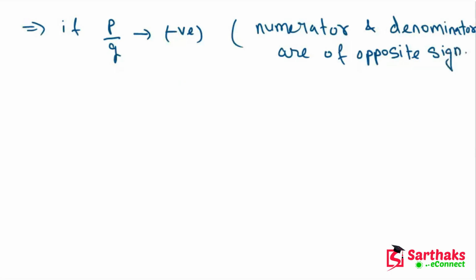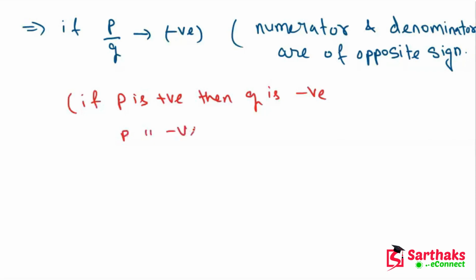We are saying that if P is positive, then Q is negative, and if P is negative, then Q is positive. This is the case of a negative rational number.